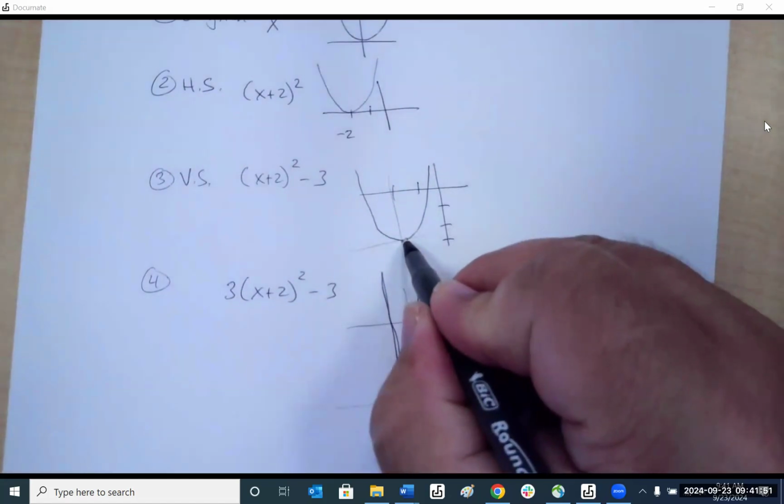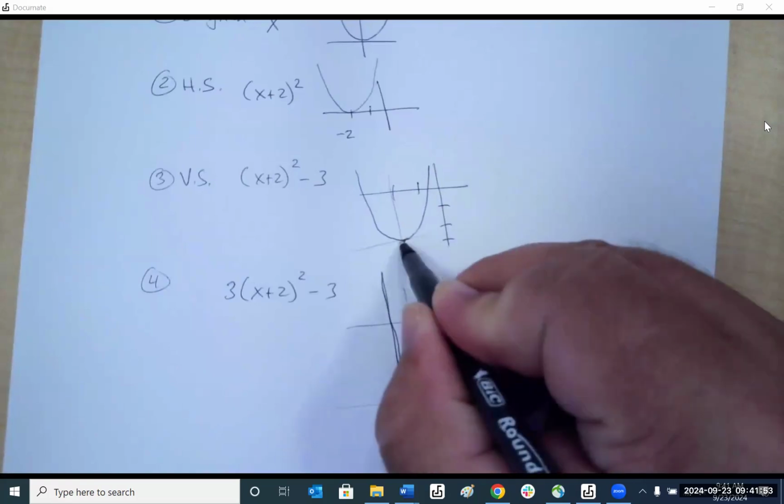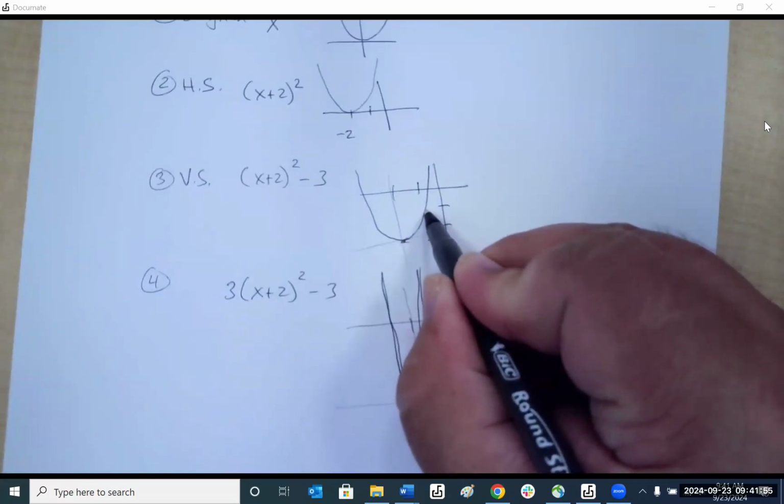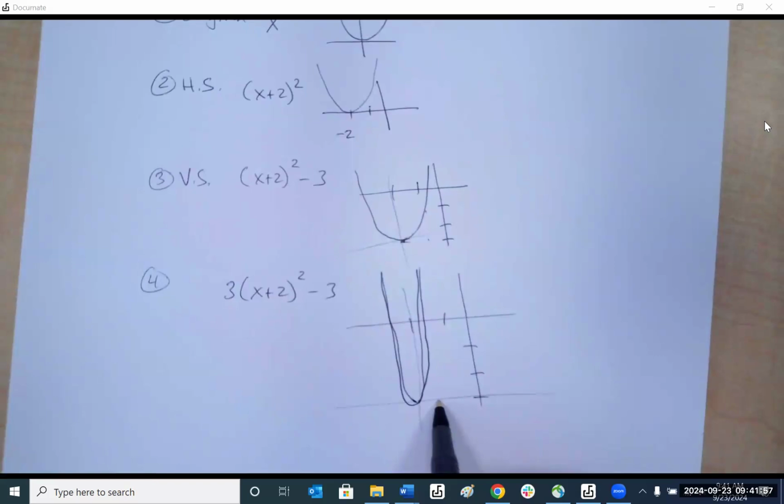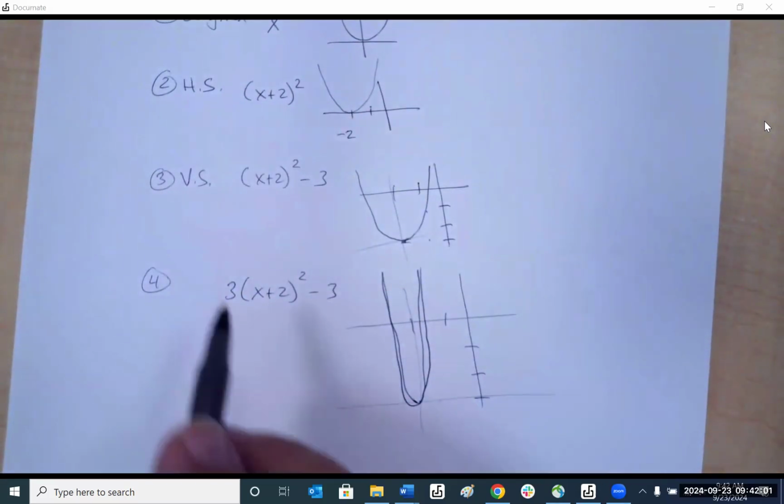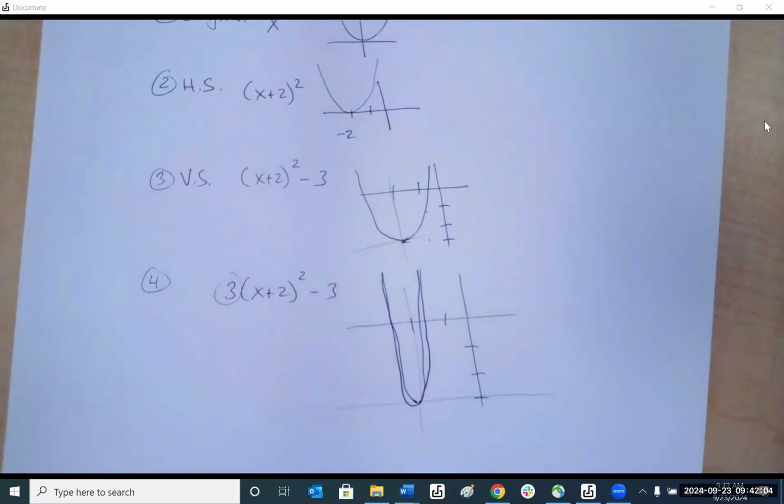Because instead of 1 unit over, 1 unit up, it'd be 1 unit over, 3 units up. It grows that much faster. It can be 3 times skinnier. So that's what your A does. It either makes it wide or skinny.